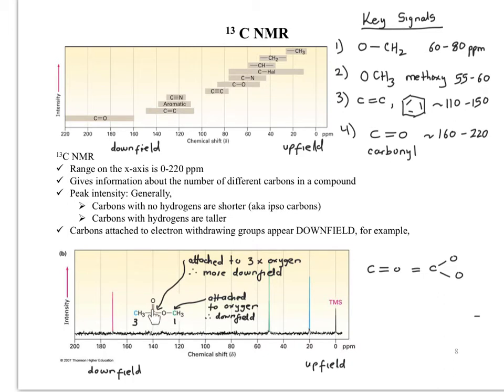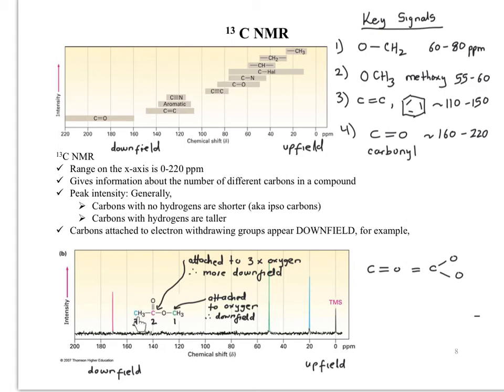So this carbon here, because again, remember this is similar to C, O, and then another O, this is going to appear way downfield. So that's that carbon. So these 2 here, because they both have hydrogens, they appear here and there. So they're slightly taller than this carbon signal.